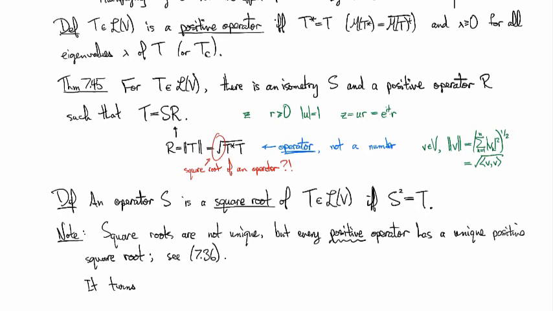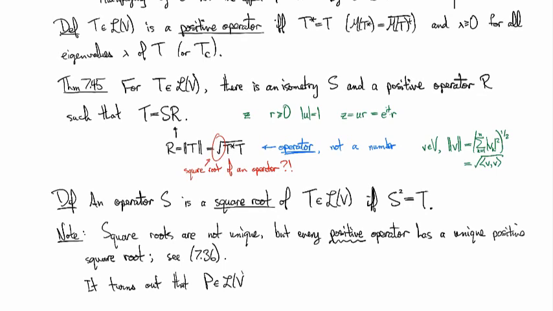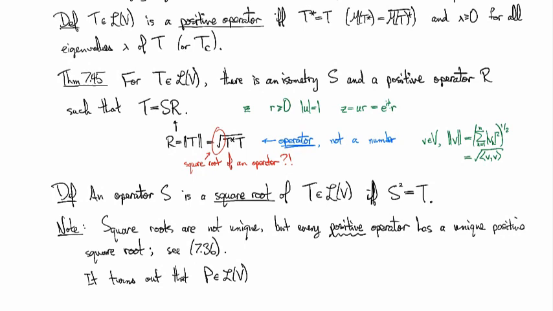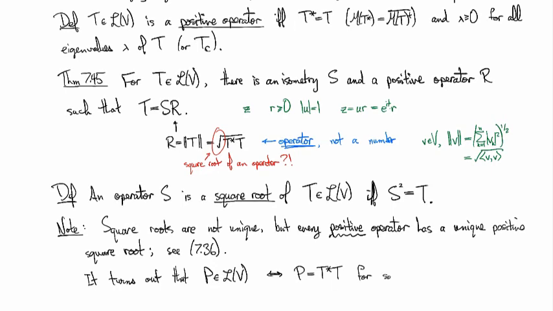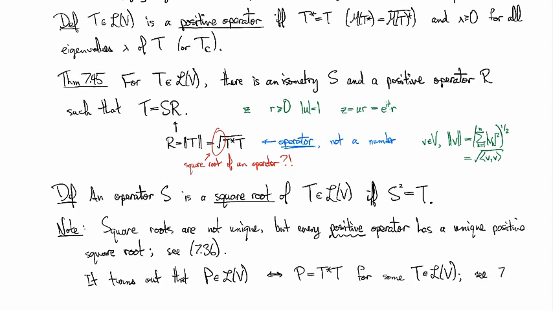And it turns out that P is a positive operator if and only if P looks like T star T for some operator T. And this is the content of 7.35.